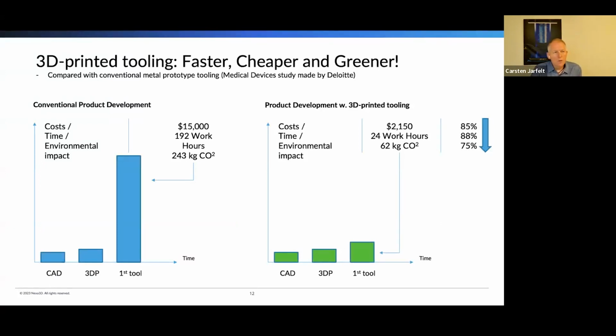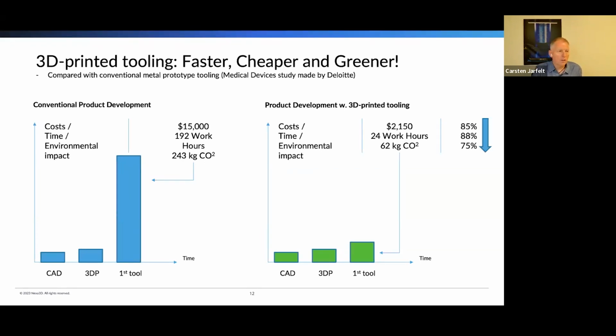You can have many good reasons to want to have freeform injection molding or not. One of the strongholds that we see is speed and cost. Time and cost. I know time is also cost, but people often categorize it like this. So this is a study done by Deloitte on 5 medical device development projects using freeform injection molding versus using traditional metal prototype tooling.